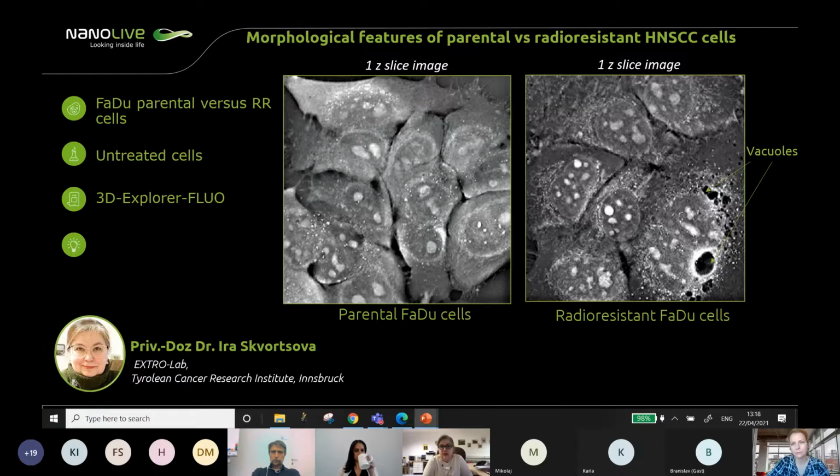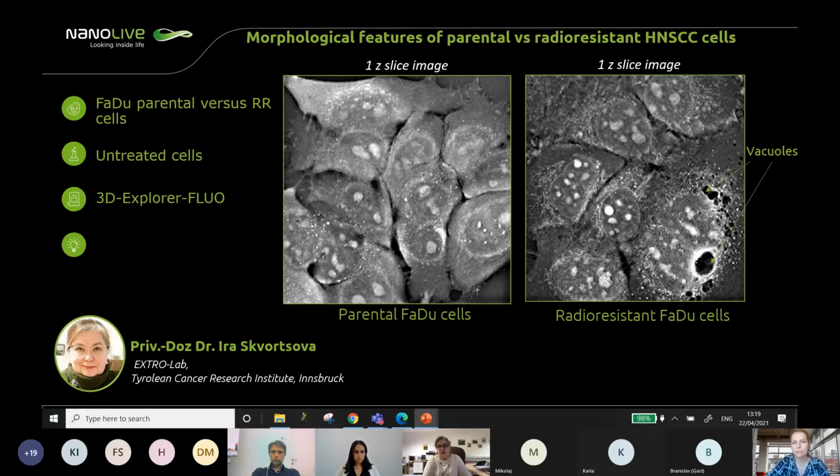As you can see here, there are some differences in morphology between the parental cells with good radiation response and radio-resistant cells, which demonstrated a formation of vacuoles, different forms and different mitochondria distributions. Therefore we would like to know more about the metabolic activities of radio-resistant cells, since we see that mitochondria are fully different in radio-resistant cells and parental cells.